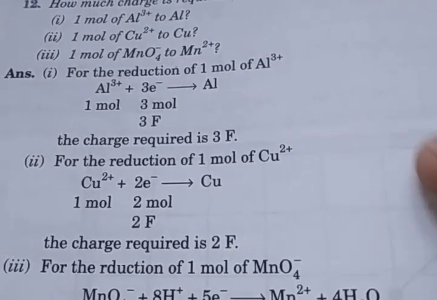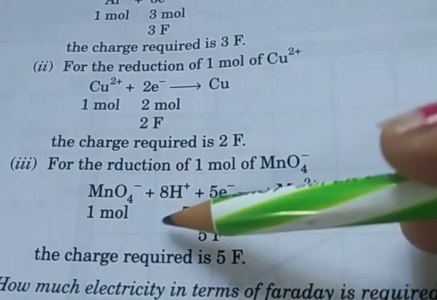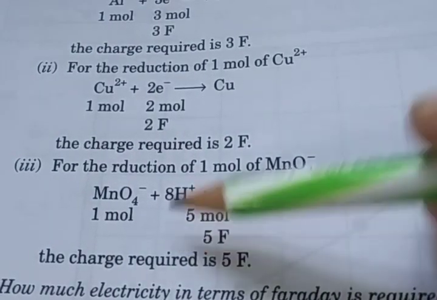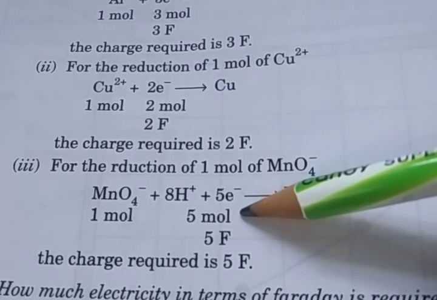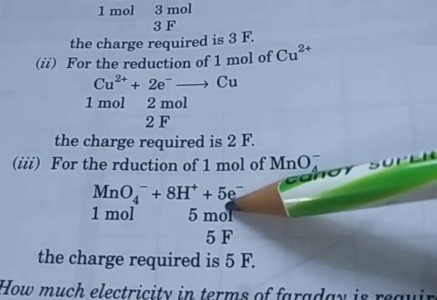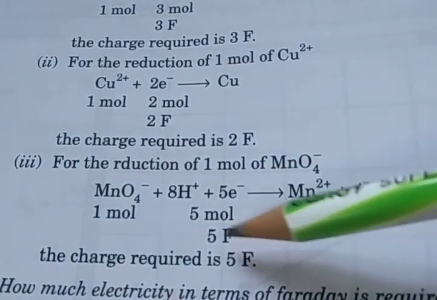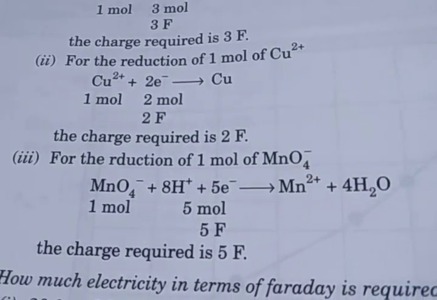So for the reduction of 1 mole of MnO4-, the permanganate ion accepts H+ ions and 5 electrons, then converts into Mn2+ and 4H2O. So 5 electrons gained, so 5 mole, that means the charge required is 5 Faraday. Okay, clear?